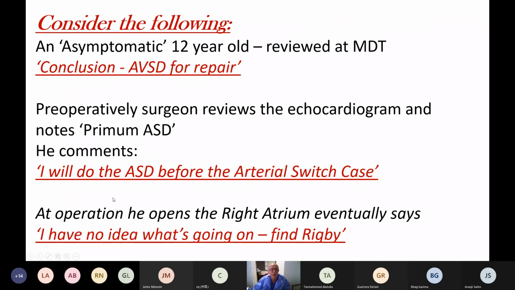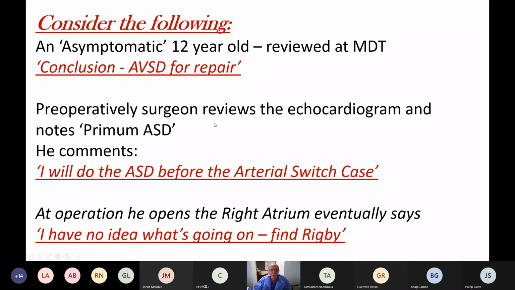And just a final case to discuss. An asymptomatic 12-year-old is reviewed at the MDT, and the conclusion written down is AVSD for repair. That would have made me go mad anyway. Anyway, an AVSD for repair. AVSD is not a specific diagnosis.